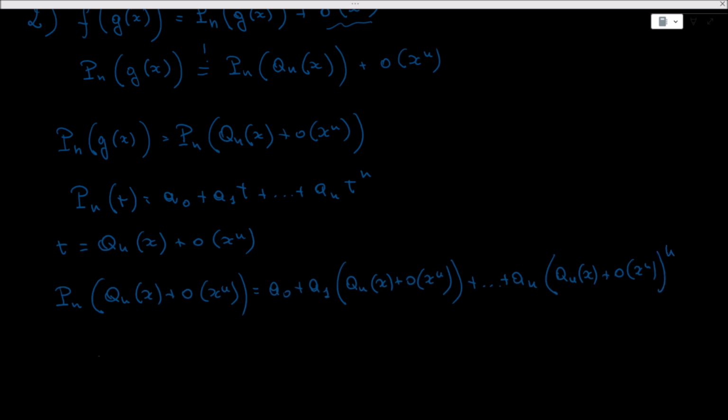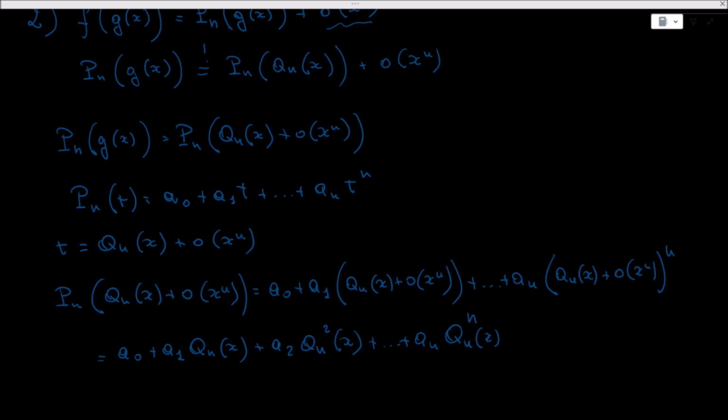Okay, but we can extract from every term just the Qn of x. So we have a0, the first term, which remains exactly as it is, plus a1 Qn of x plus some a2 Qn squared of x plus dot dot dot an times Qn of x all raised to the n.